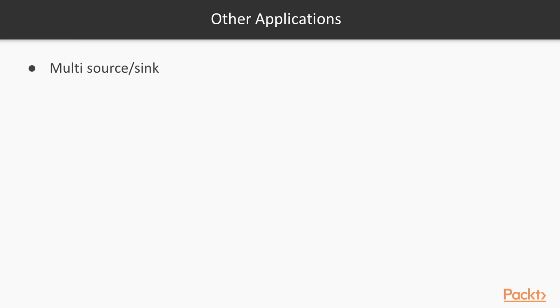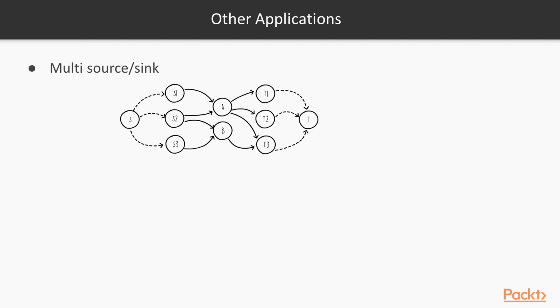There are many applications for finding the max flow in a network. Typically, the algorithms work on a single source to a single sink network. However, they can be adapted to be used in a multiple source to sink one. Consider this example flow network where we have multiple sources and multiple sinks.